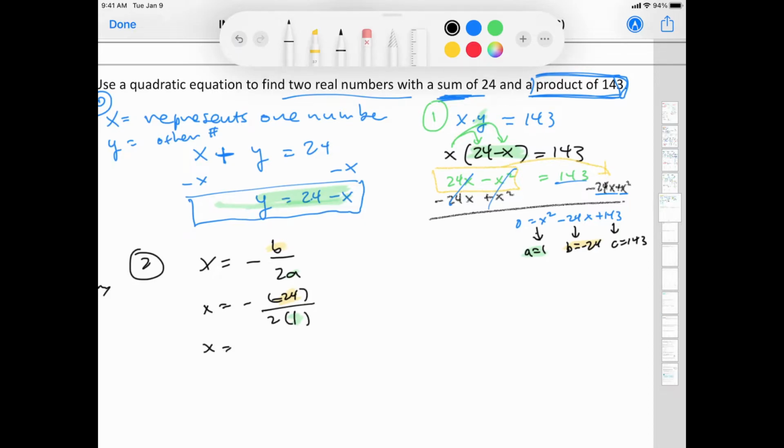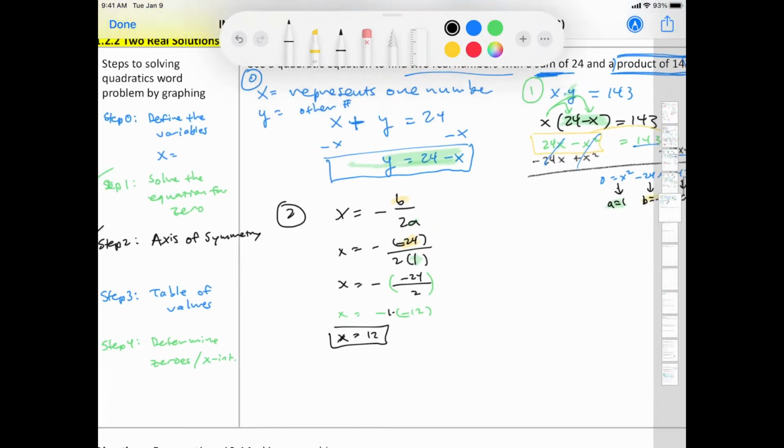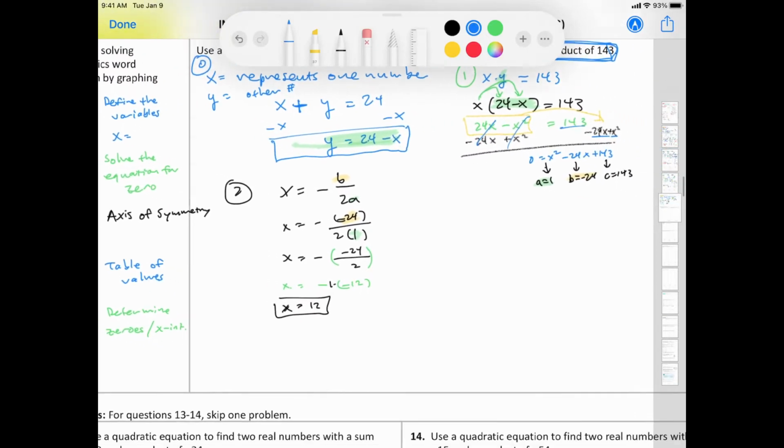So this will give us negative 24 over 2, and here in parentheses, that becomes negative 12. And then you have the opposite of negative 12, or you can say negative 1 times negative 12 is positive 12. So x equals 12 is my axis of symmetry. All right, let's get a table of values here.